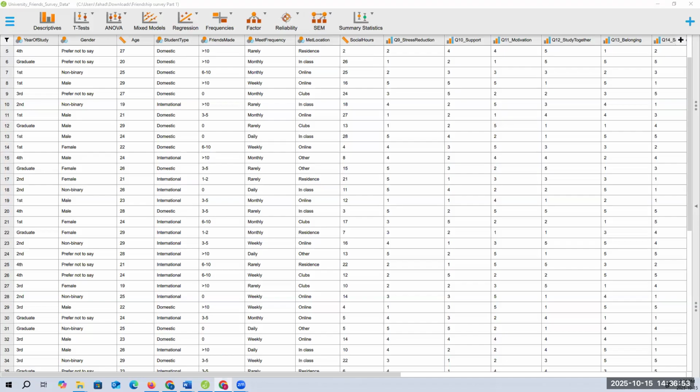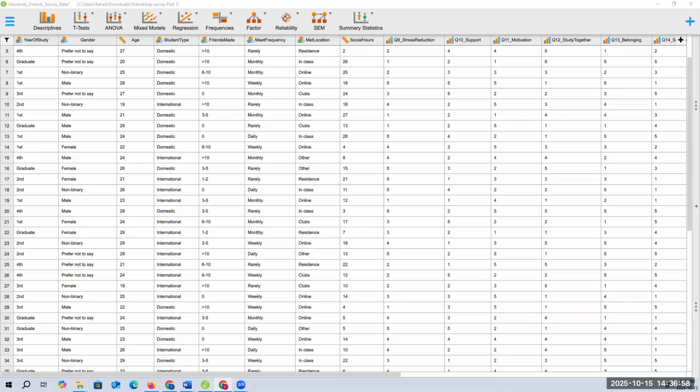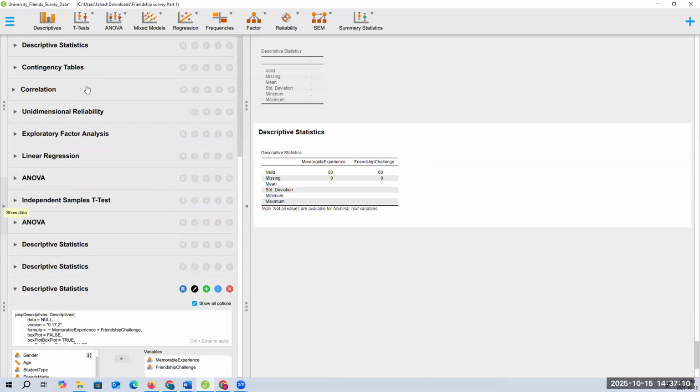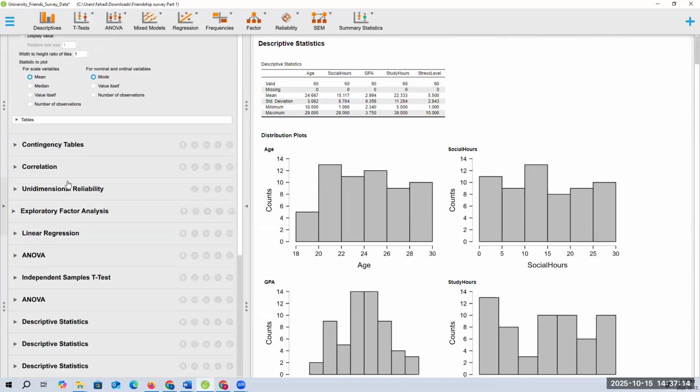In any case, I'll keep looking at this data in terms of the analysis and figuring out what else we could do in terms of statistical analysis. But I hope it gives you an idea about the range of statistical analysis you can do with survey data. Descriptive content is common. Contingency tables are common.